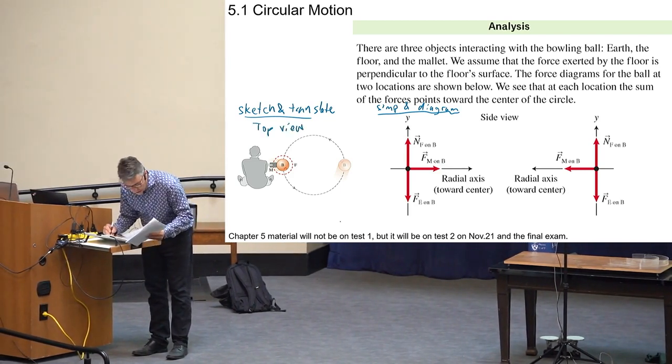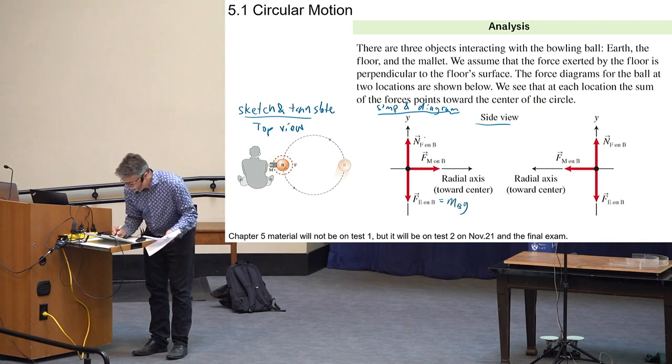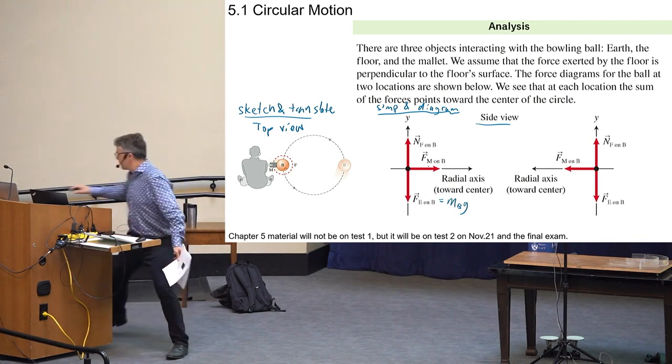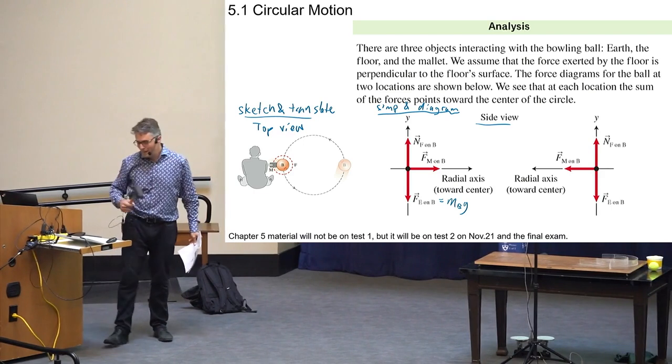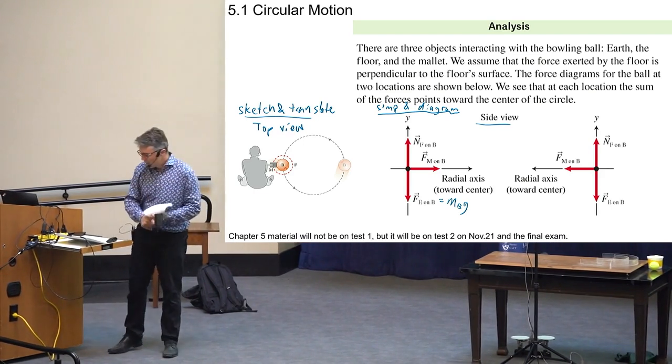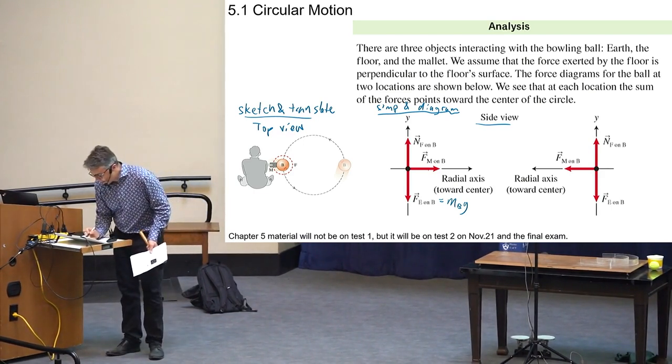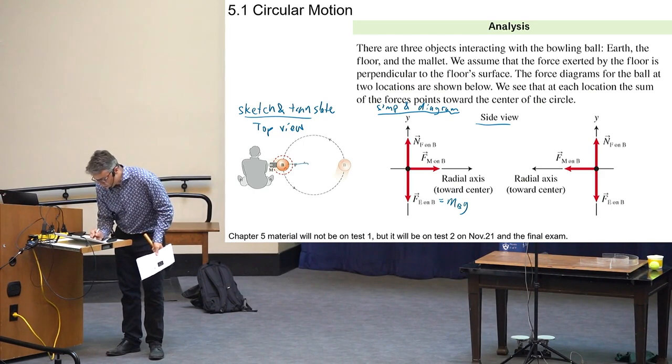And then for the force diagram, I do the side view. And there's a normal force of the floor on the ball, the force of the earth on the ball, which is the mass of the ball times g all the time. I don't have an equation for normal force. And then there's the force of the mallet, this rubber mallet that I was trying to hit it with on the ball, which I'm smacking it. And that's what gives it an unbalanced force towards the center of the circular path.